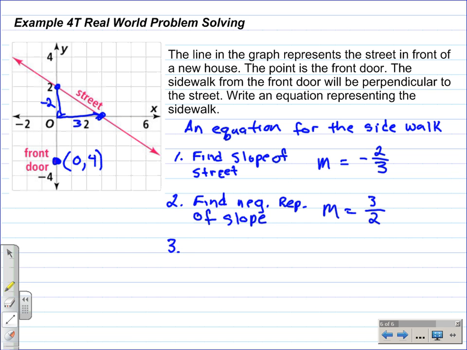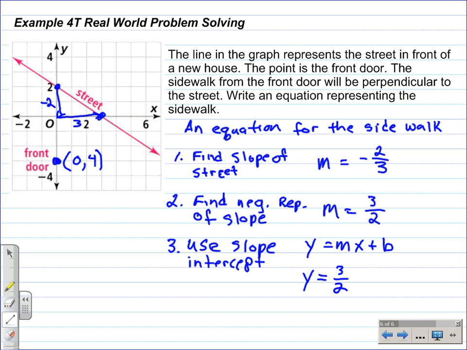Our third step here is to use slope intercept, which, remember, y is equal to mx plus b. We'll substitute m in for this slope, which is 3/2, not 3/3, 3/2, x. And the y-intercept, we know from the graph, is 4.